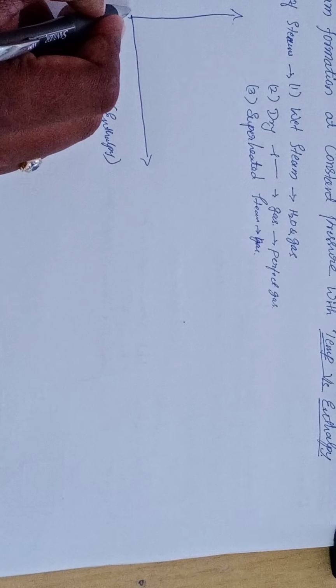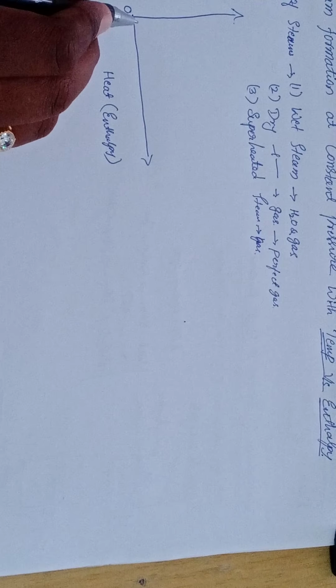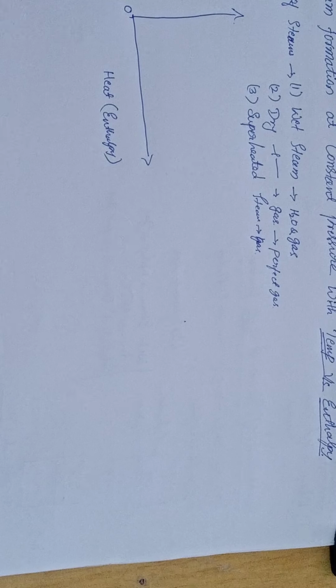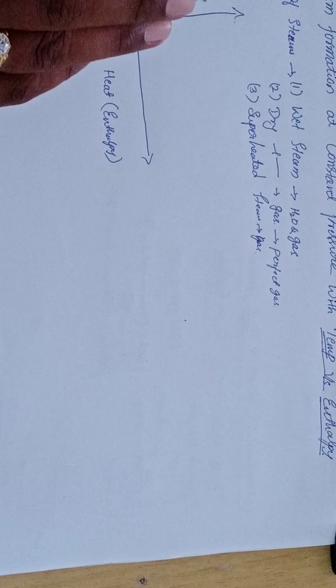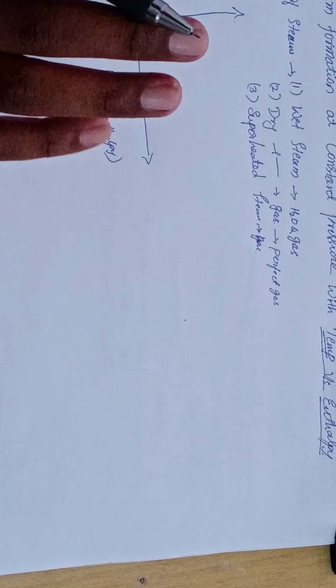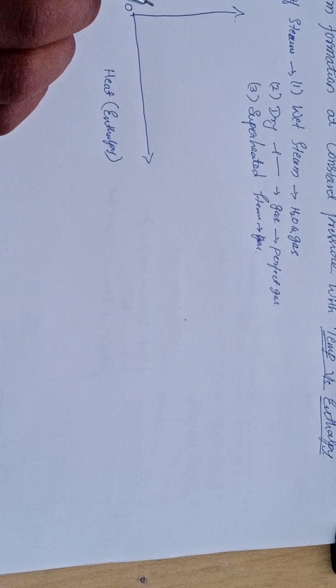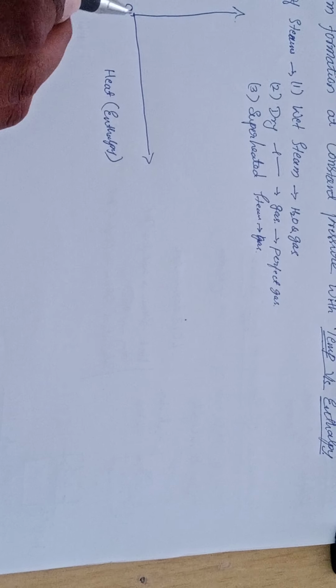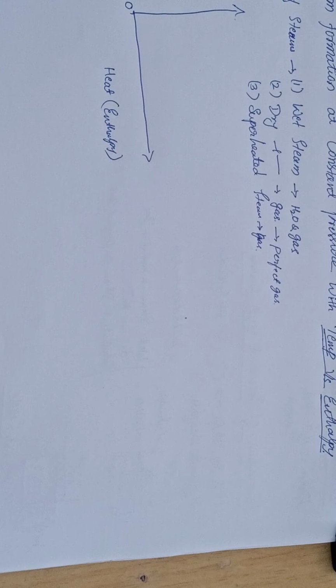Let us consider the point O. This point is the initial point of the water. Here the water may be in a liquid form or in a solid state. Now we are going to supply an amount of heat to the water. We consider 1 kg of water in a cylinder.